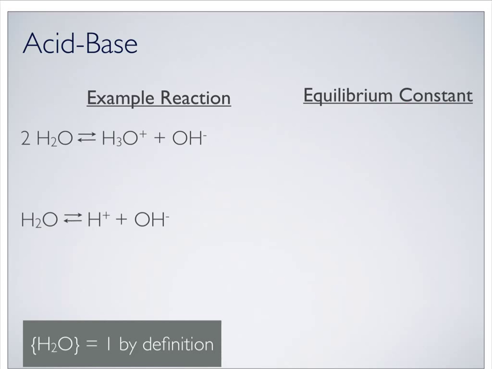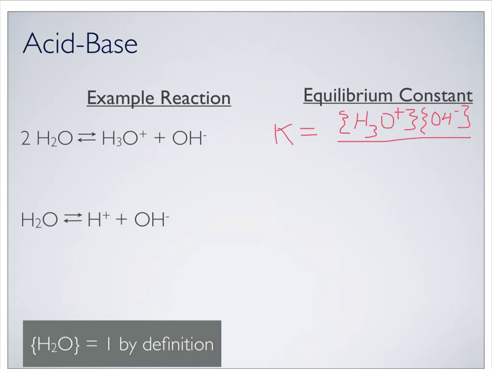So our last acid-base reaction is actually just going to involve water. And essentially we're going to derive equilibrium constants for these two reactions. So in this case, K is going to be equal to the activity of the hydronium ion concentration times the activity of OH minus.